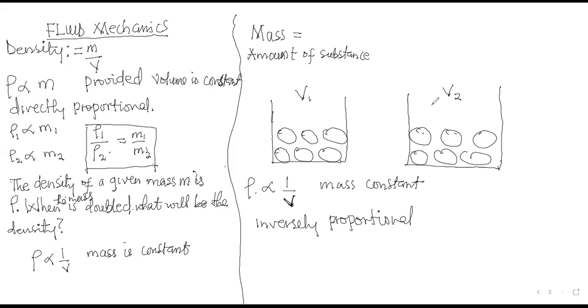So over here, in our two illustrations, the density rho 2 is less than rho 1. But it will work on condition that the masses are the same. Is that okay? So density is inversely proportional to volume. When you increase volume, you decrease density.